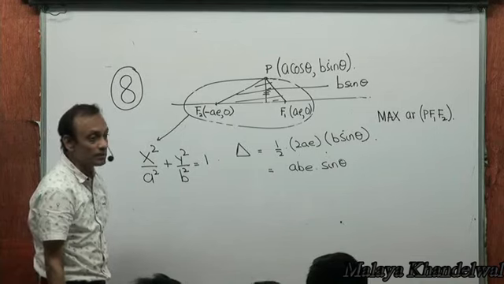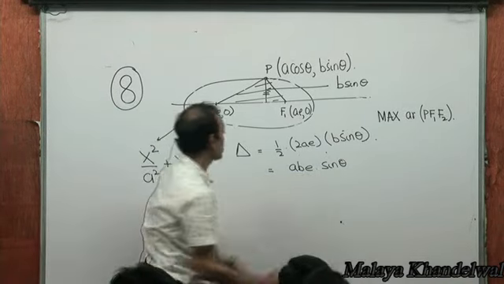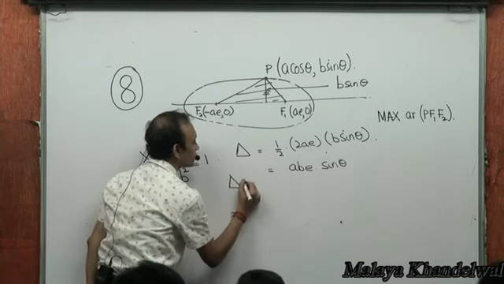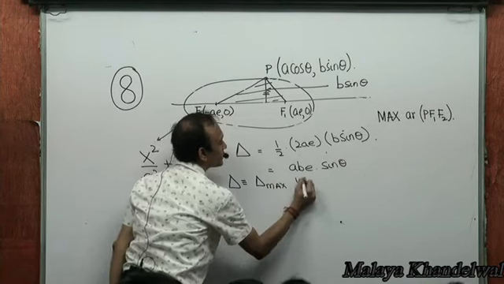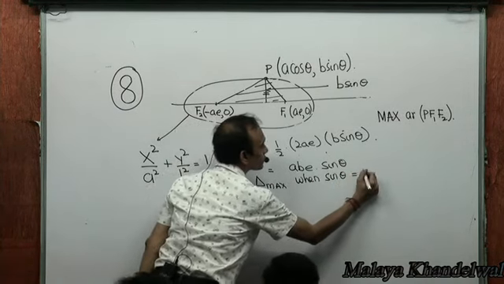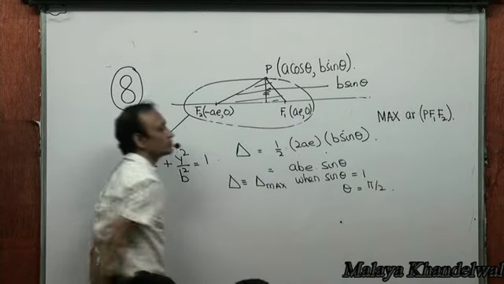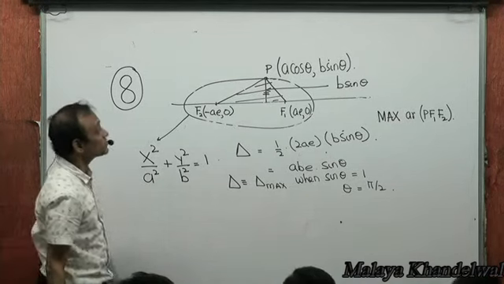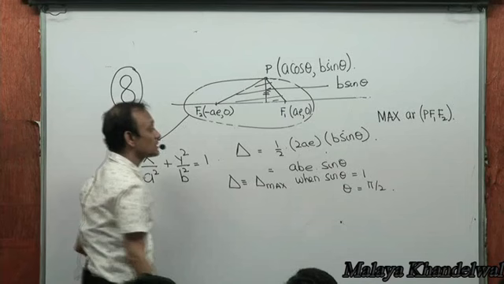a, b and e are fixed numbers. This will be maximum when sin theta is 1, right? Delta will be delta max when sin theta is 1, that means theta is pi by 2. Theta equal to pi by 2 is the end of the minor axis, right?